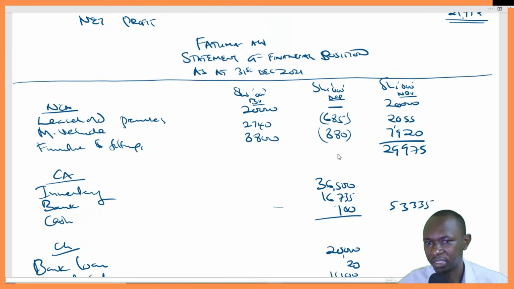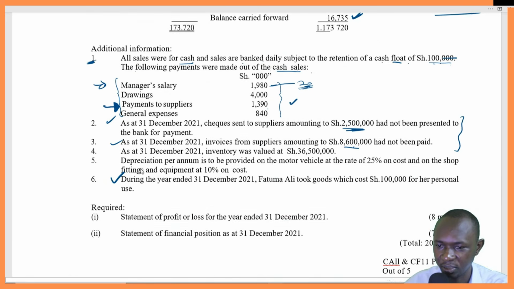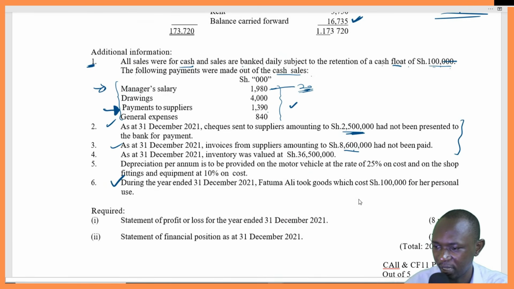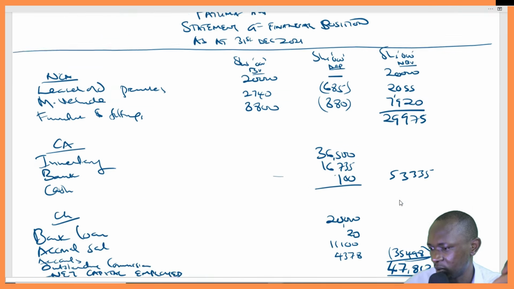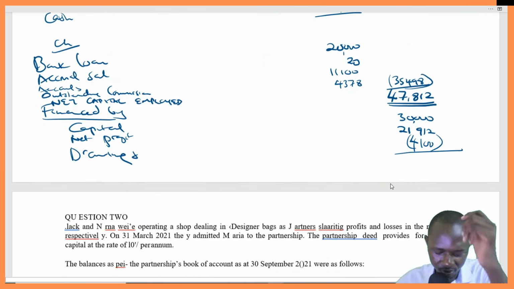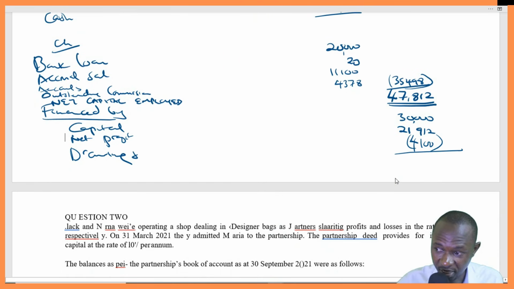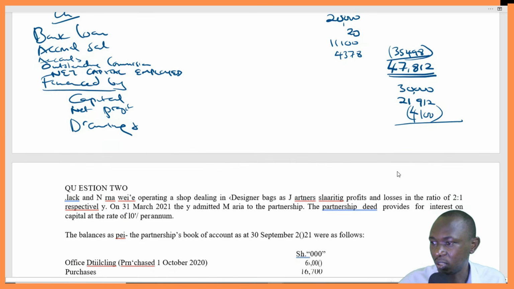The 100 is here, the last item. If you are doubting, during the year he only took goods which cost 100, and we added it in the sales. So this will give us 30,000 plus 21,912, that is 51,912, minus 4,100. That gives us 47,812.